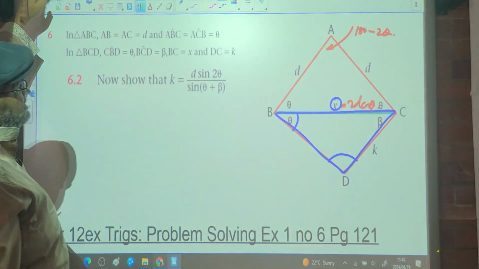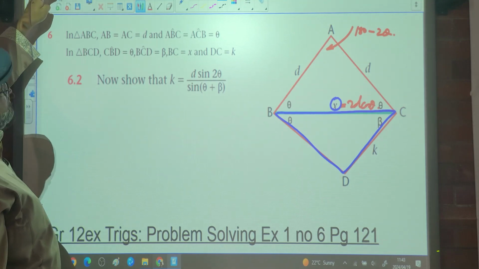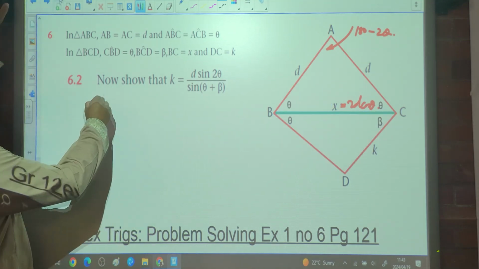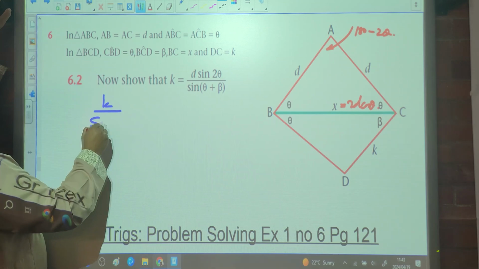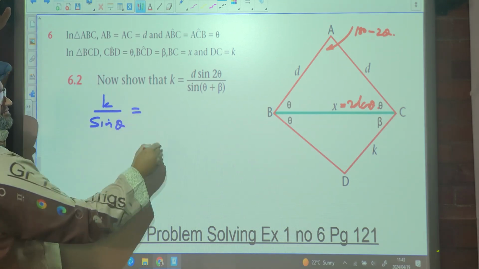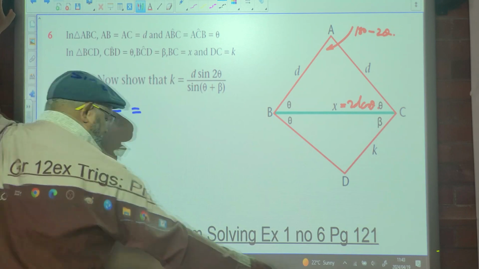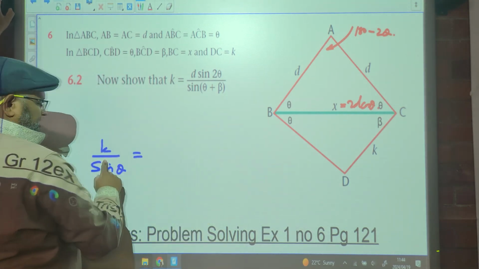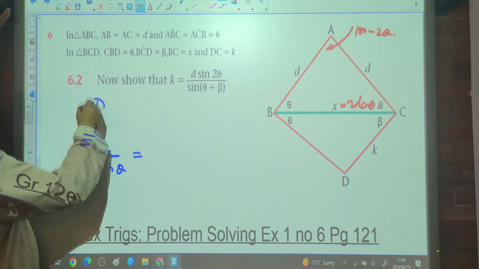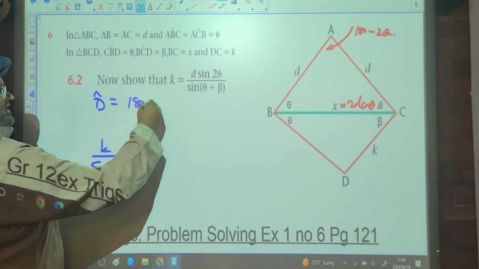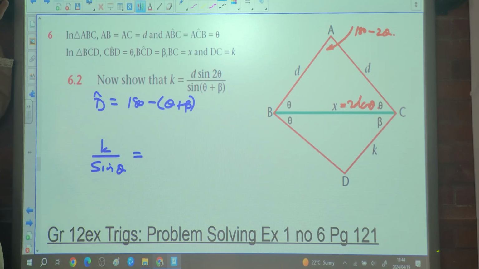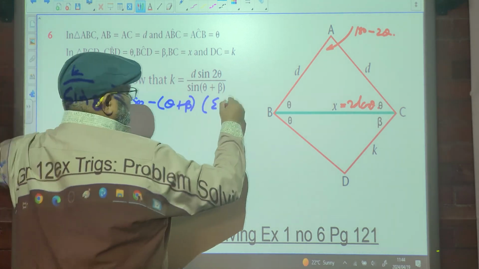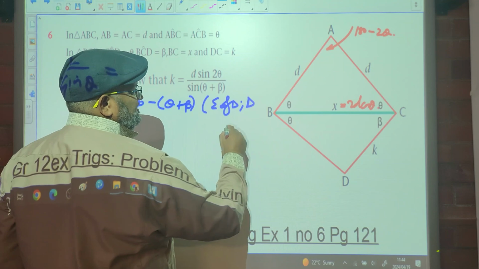So where do we start? We start with the subject, which is k. So I say k over sine theta is equal to, now I need d, now I'm going to calculate the sum in triangles. So angle D is equal to 180 minus theta plus beta. Why do I keep that in brackets? So it's easy to do reduction. This is sum of triangles, and that is triangle BDC.